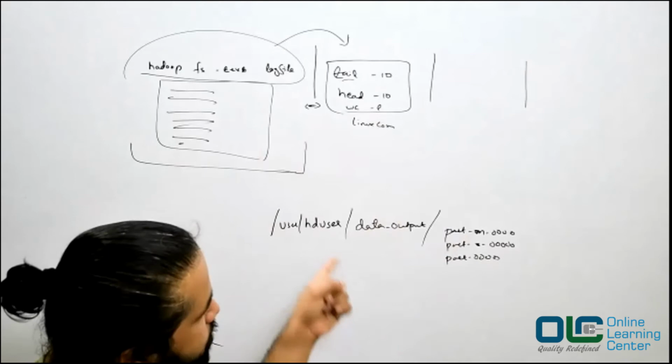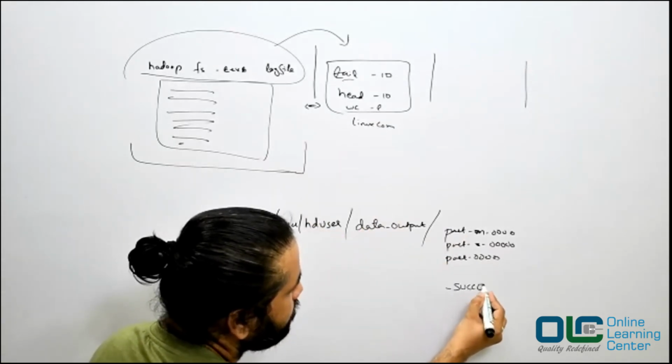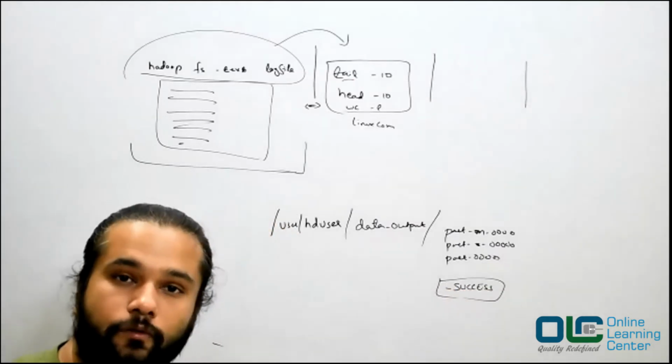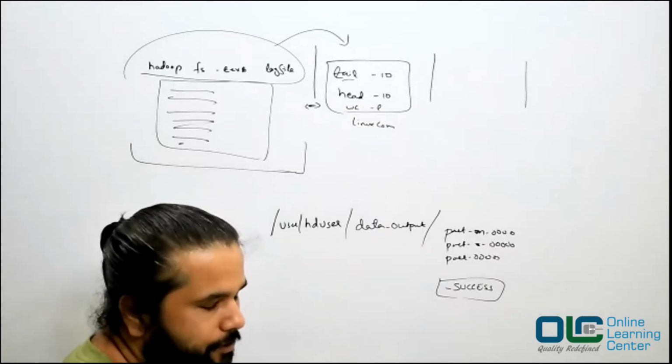But when any job runs, it also creates a file called _SUCCESS, which says that the job was successful. We will see that practically when we start exploring the MapReduce code.